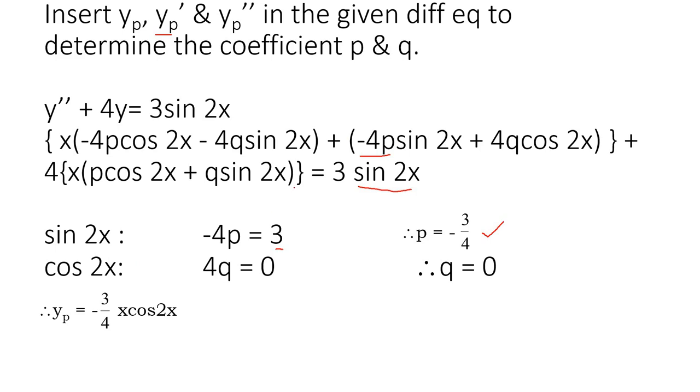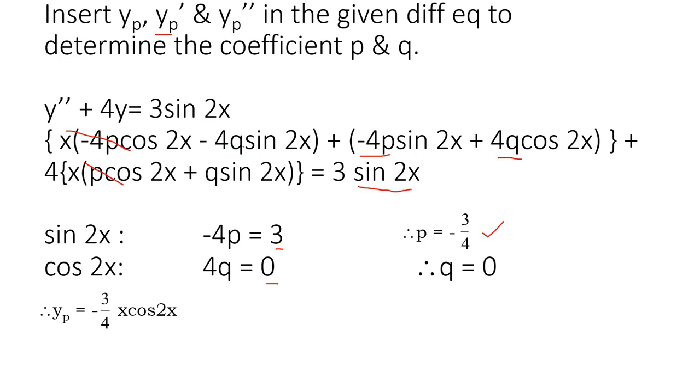Later on, I compare the cos 2x. The right hand side is 0, the left hand side is 4q. If I expand, the other terms actually cancel out. Here, negative 4x p cos 2x, this term and this term cancel each other.